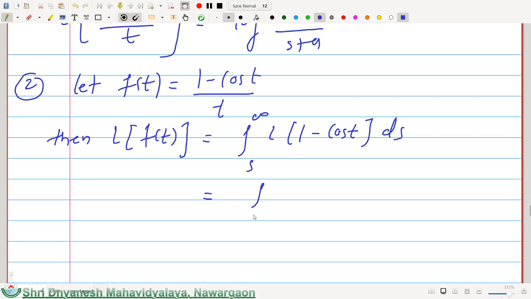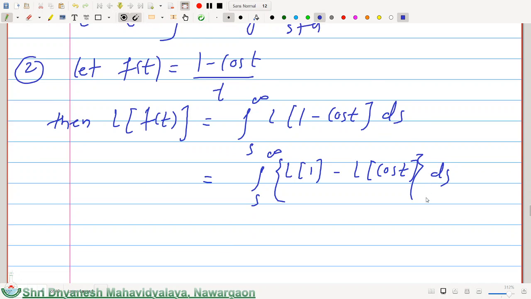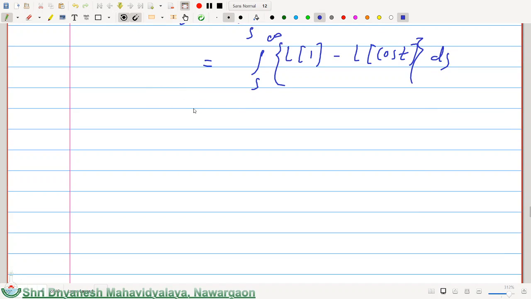Then by the linearity property, this will be the Laplace transformation of 1 minus the Laplace transformation of cos t, ds, which equals the integration from s to infinity of (1 by s minus s upon s square plus 1) ds, since the Laplace transformation of 1 is 1 by s and of cos t is s upon s square plus 1.